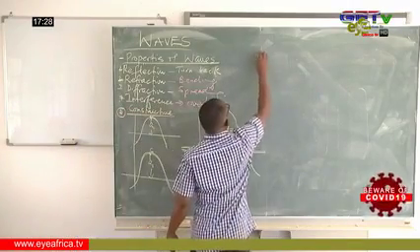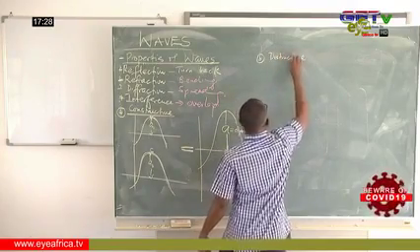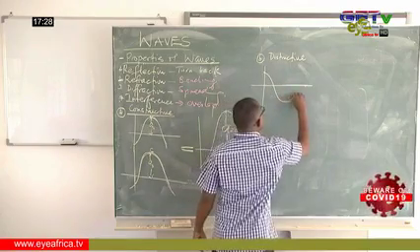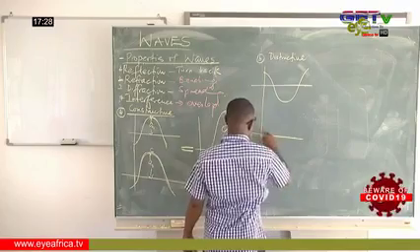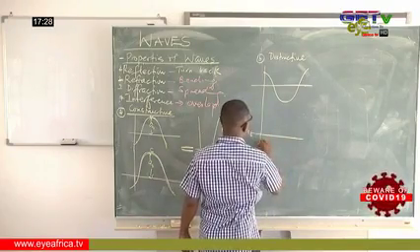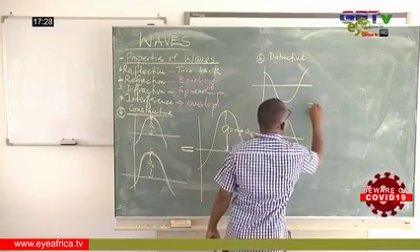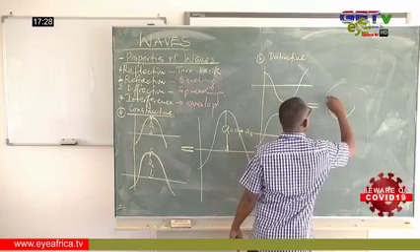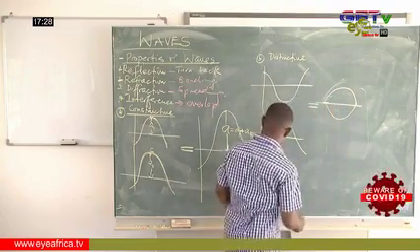We have the destructive interference. For destructive interference, let me draw something here for you. We have one wave there, and another wave somewhere here, and this other one. Now when these two waves interfere, they cancel each other.